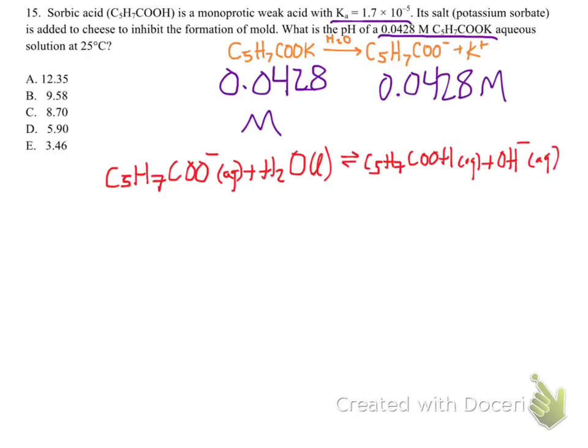Okay, so remember, anytime you have a weak base solution, you always need to write the reaction with water. And in doing so, you're going to create hydroxides. Now we have everything set up perfectly for our ICE table.